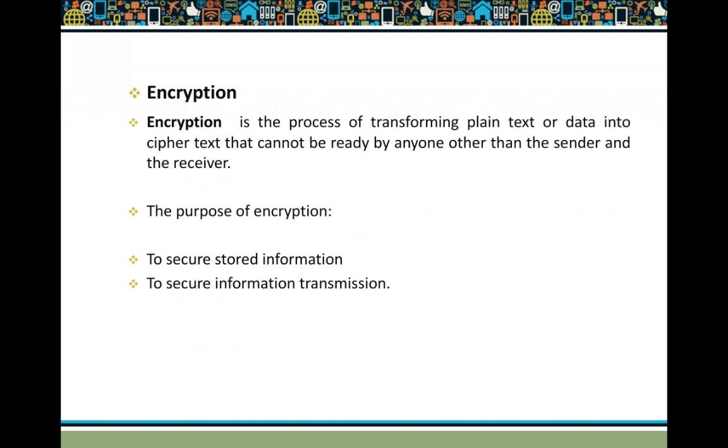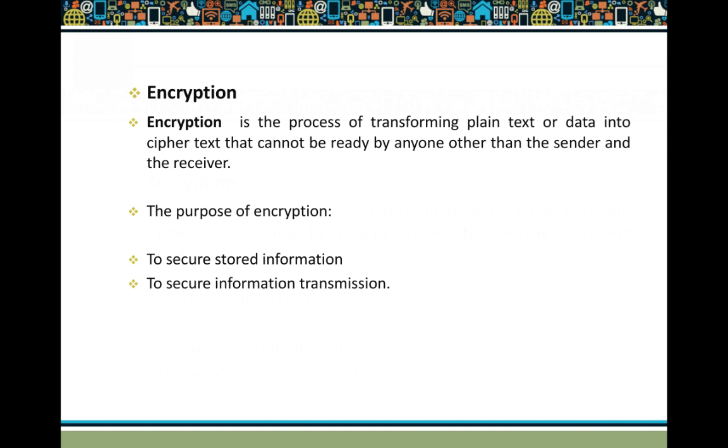Plain text can be read directly, whereas the converted form cannot be interpreted directly. That is called the ciphertext. It cannot be directly read by anyone other than the sender and the receiver. The ciphertext can be converted back to plain text only by the two parties involved in the transaction, the sender and the receiver.